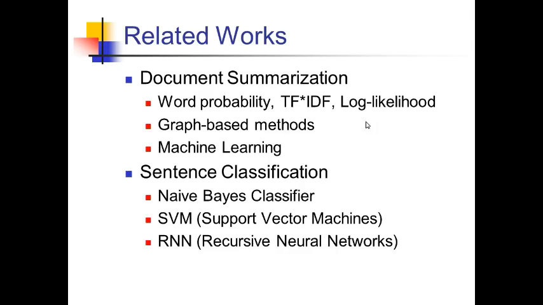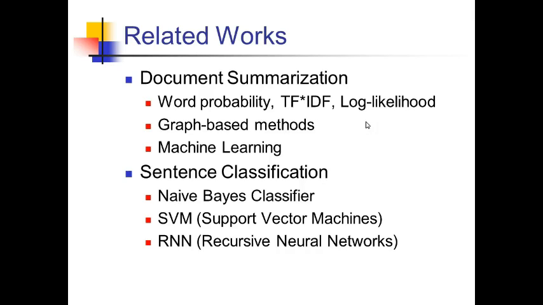And there are other approaches such as graph-based methods, among which PageRank is one of them, and machine learning approaches. Sentence classification is another well-studied natural language processing task. Sentence classification classifies sentences into different categories, such as, in this case, interview questions or non-interview questions.